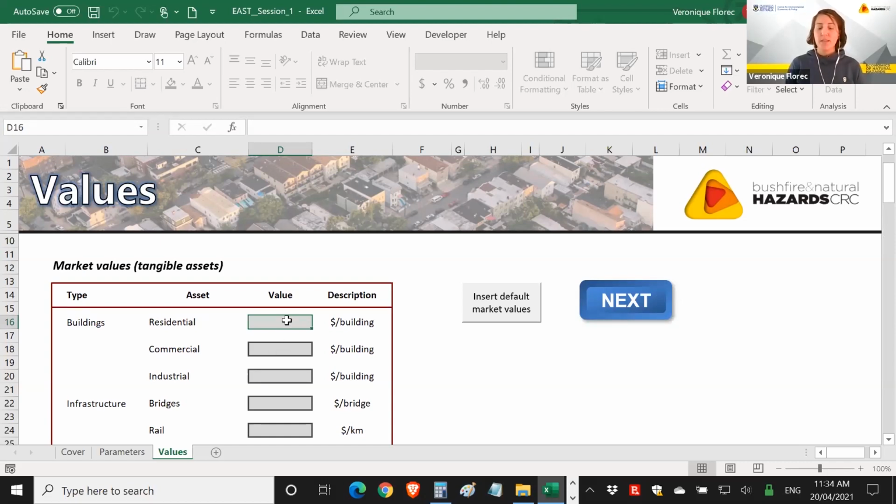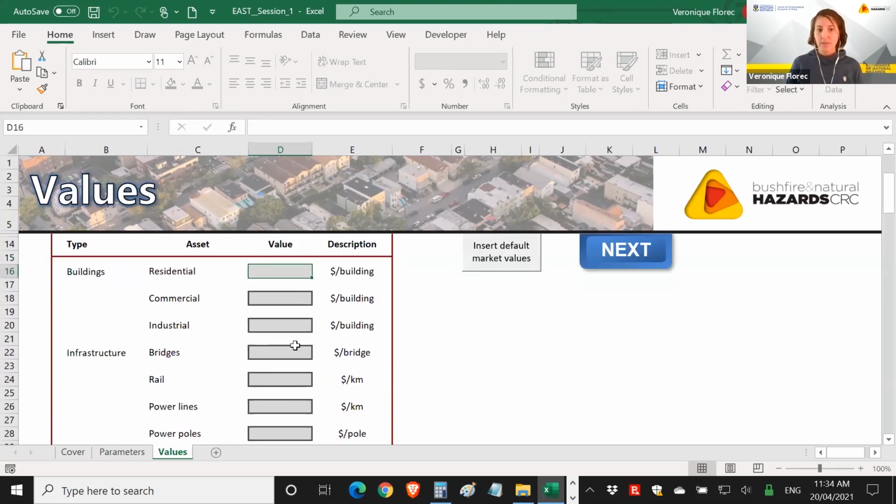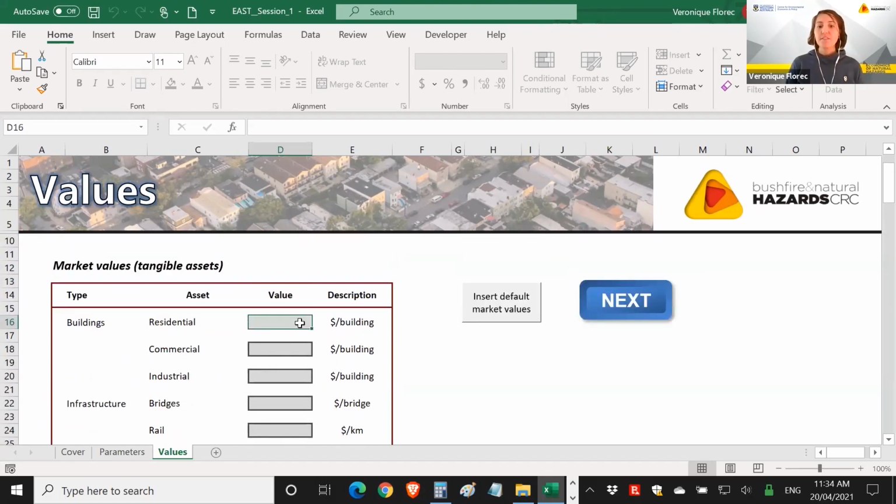So what do we put here? What value do we put for residential buildings, commercial buildings, bridges, or anything else that we have here? The value that we insert is what it will take to reinstate the asset to its original state before the hazard damaged it.